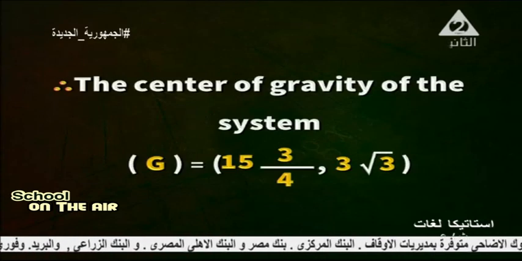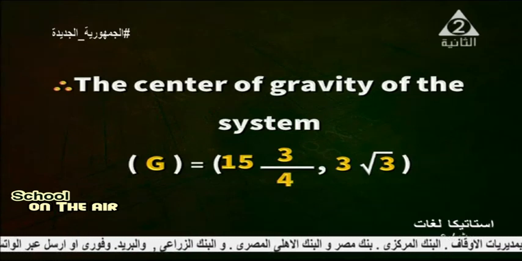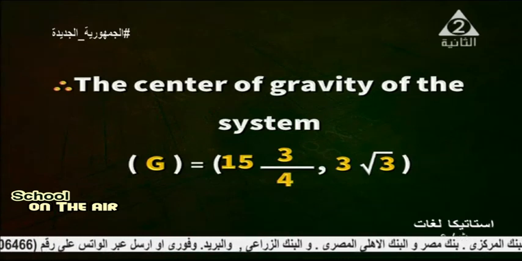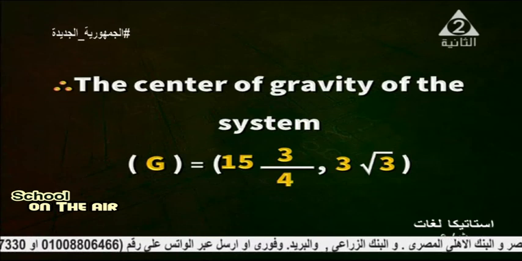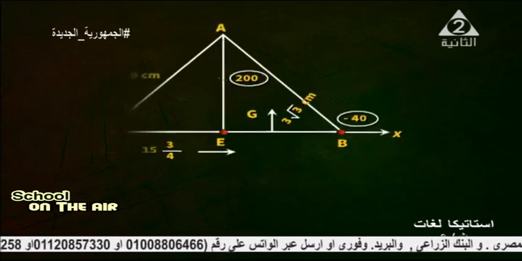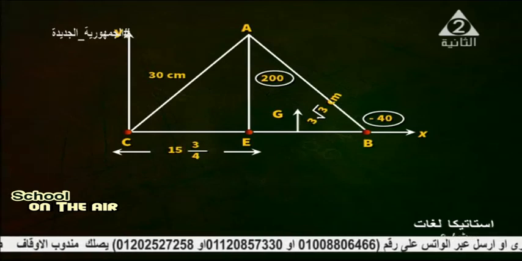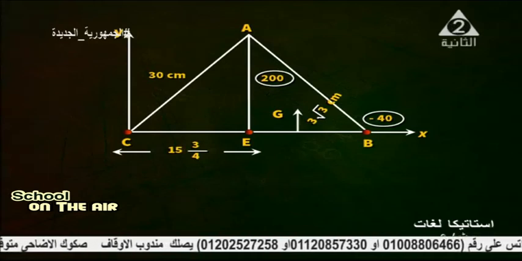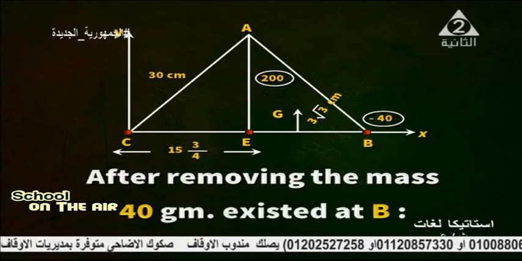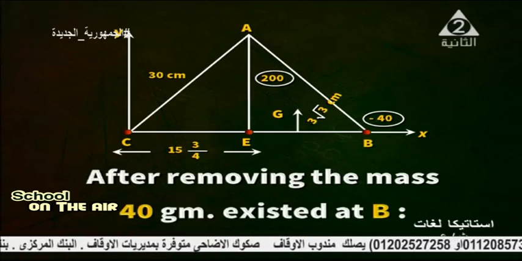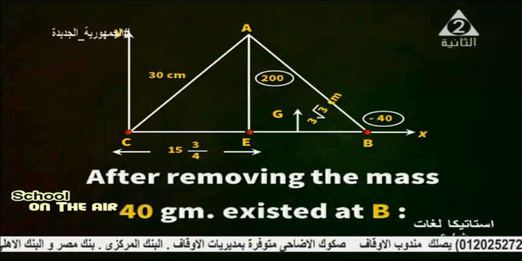The center of gravity of the system, its symbol G, is 15 3/4 and 3 root 3. After that, my dear student, we remove the mass at B, negative 40, after removing the mass 40 gram that exists at B.